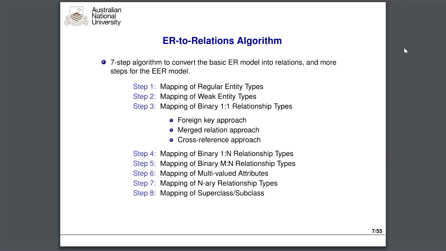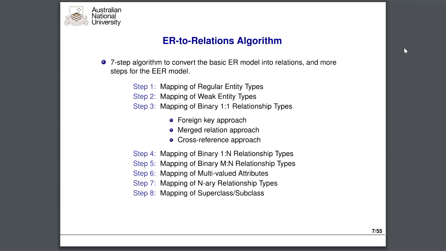Once we have this ER diagram, we want to convert it to relational database schemas. This is an algorithm, or a set of steps or procedure, to convert an ER diagram to relational schemas.